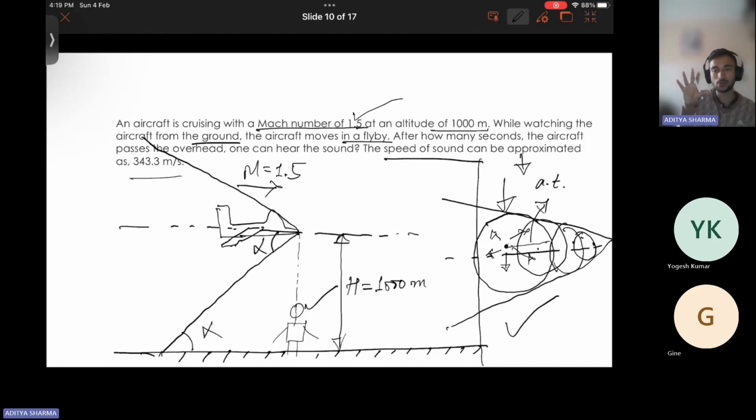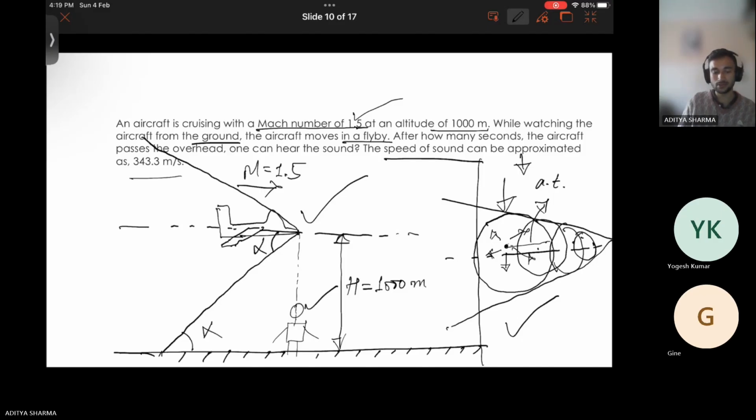Until this disturbance reaches you, you won't be able to listen to anything. So when our aircraft moves in such fashion, it creates this type of cone. This disturbance passes over our heads and won't reach us.